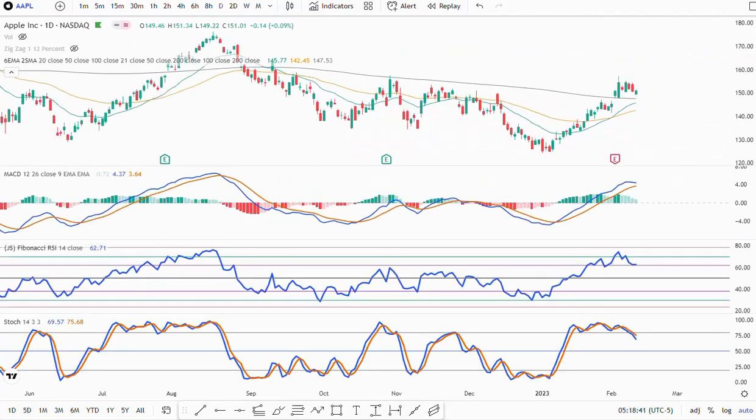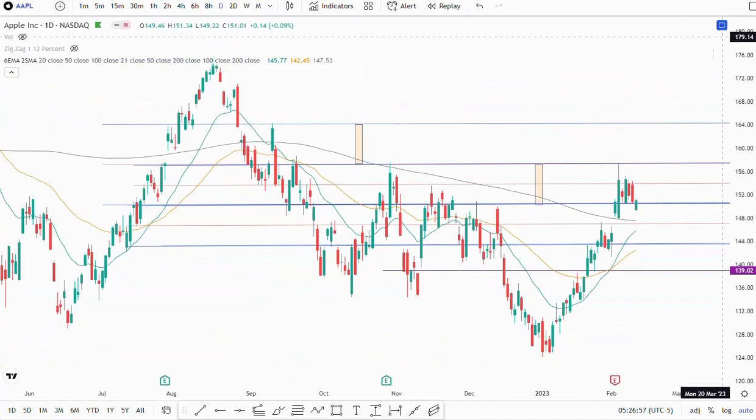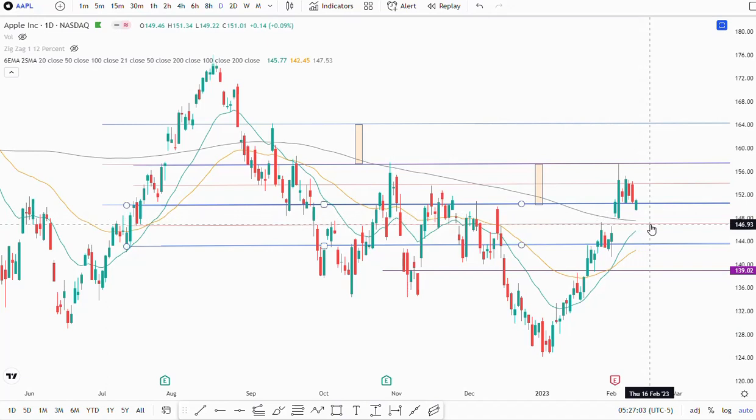If we go back to the daily basis, the first level was around 146. If I bring in the horizontal levels again, you can see 146 is where this red line is. Now, if we are to see a pullback to this level, the price will interact with the daily 200-day moving average and the daily 20 EMA. You can see the daily 20 EMA is rising.